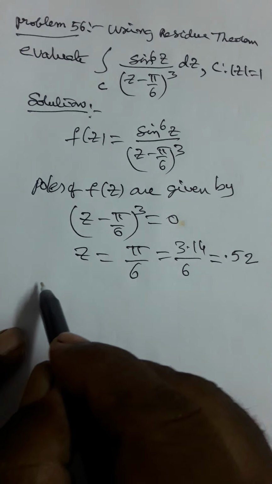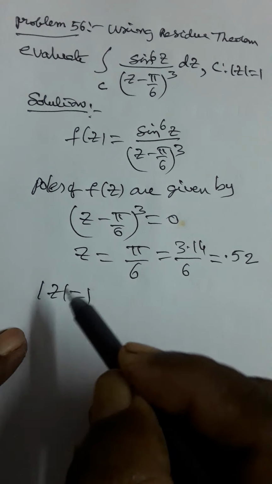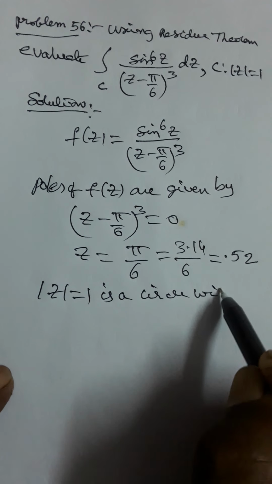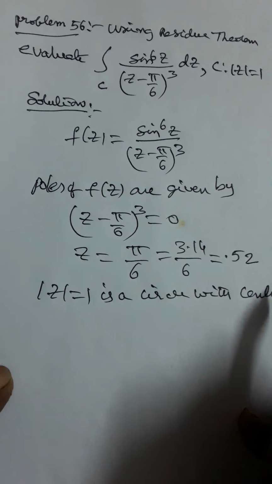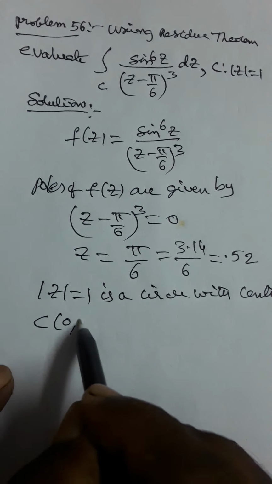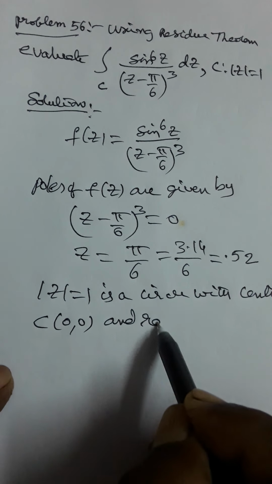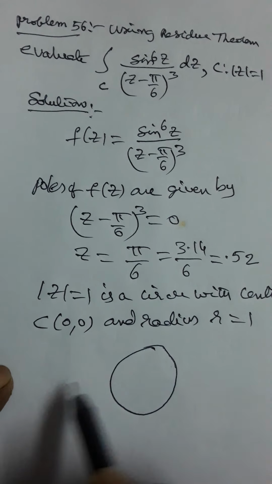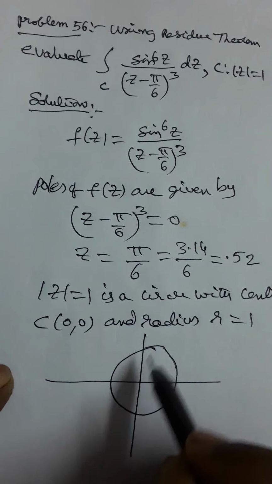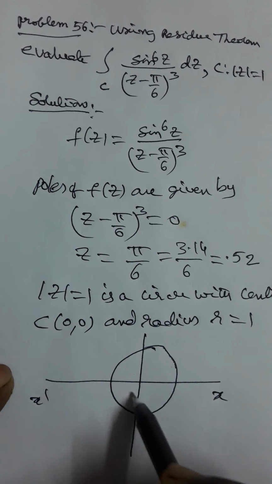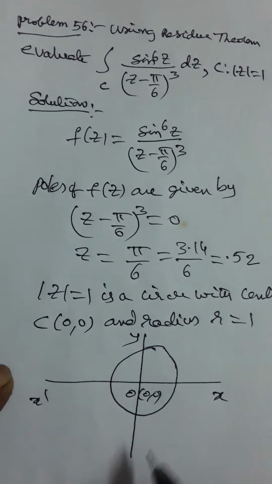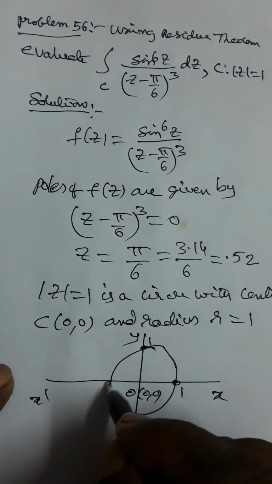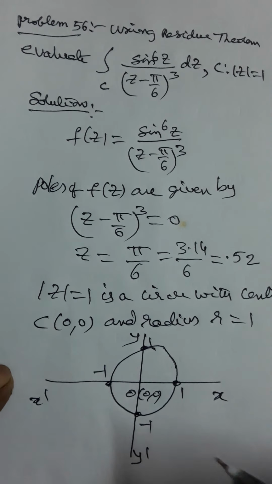Mod z is equal to 1 is a circle with center (0, 0) and radius r is equal to 1. Diagram: x dash, y dash, with points 1 and minus 1.